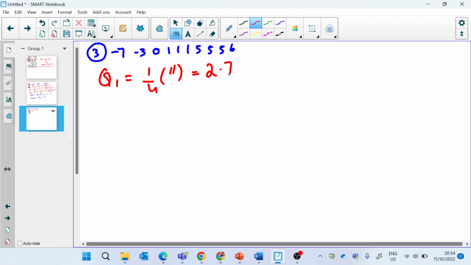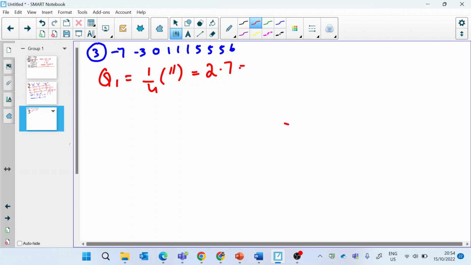So it should fall between the second value and the third value. The second value is -3 and the third value is 0.